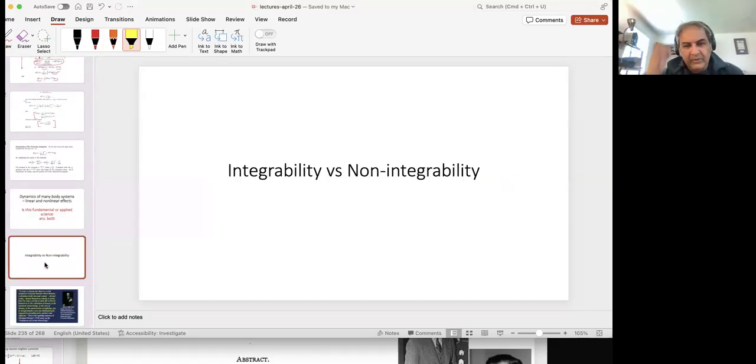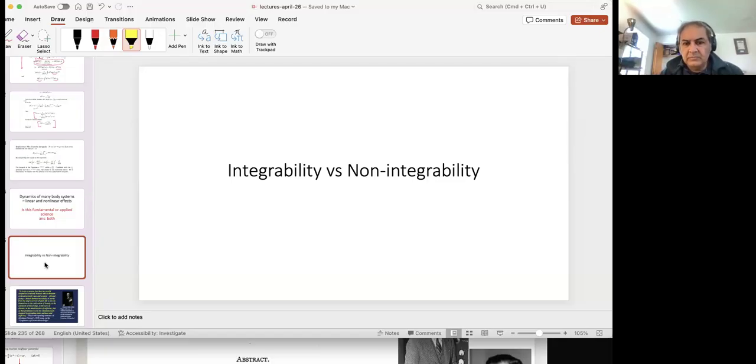so one issue I want to bring up is integrability versus non-integrability. Harmonic systems are integrable because you have quadratic potential, and a quadratic potential is always integrable. So therefore, harmonic systems are very integrable systems.